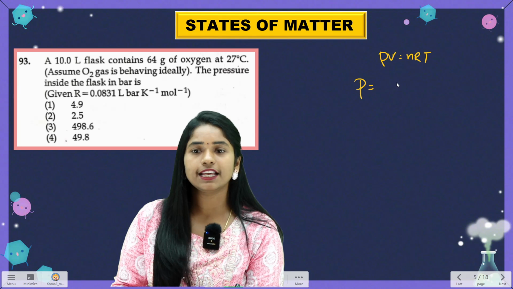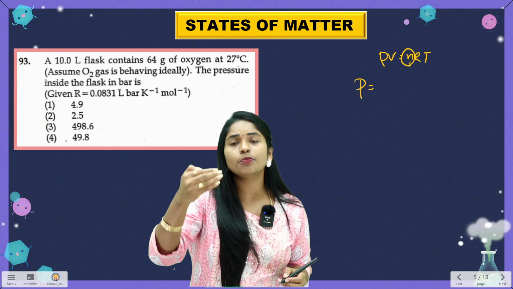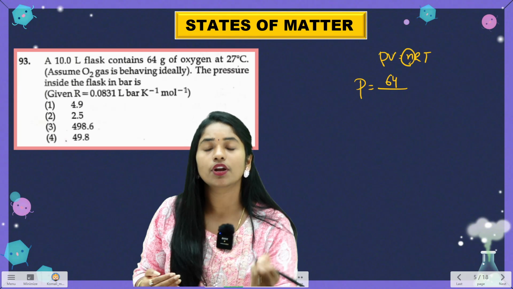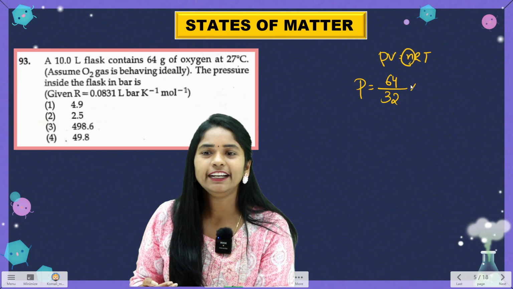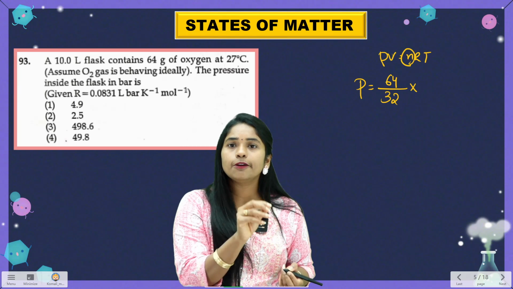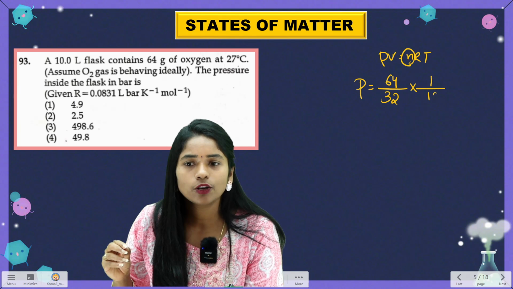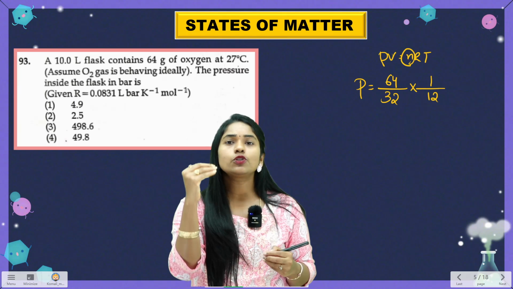P is equal to number of moles times RT by V. How to calculate number of moles? Weight by molecular weight. So what is the weight here? 64. What is the molecular weight? Can you tell me? 32, into what is the R value? 0.0831 is given. But to make our calculation simpler, what is the trick? As I say, 1 by 12 is the trick.